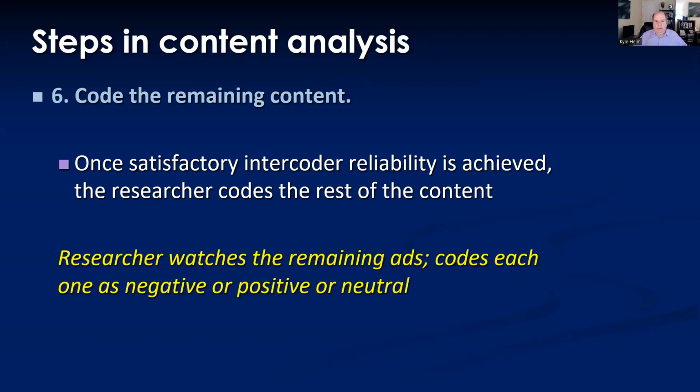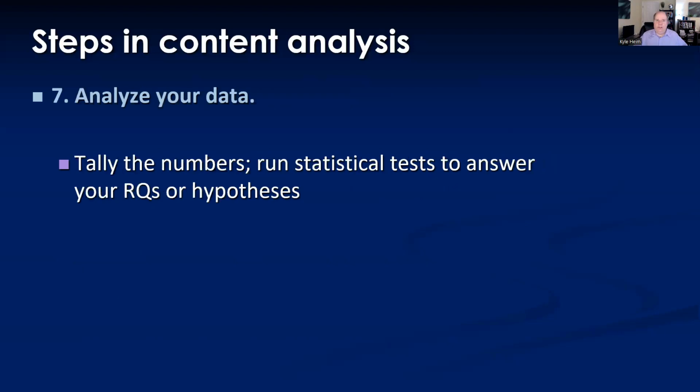So returning to our hypothetical example, once you had achieved intercoder reliability with your second coder, then you, the researcher, would watch all of the remaining ads, coding each one as negative or positive or neutral. And then finally, you get to a point where you've got some results.